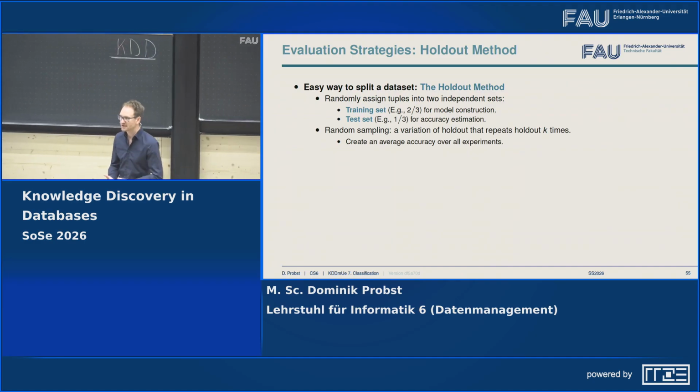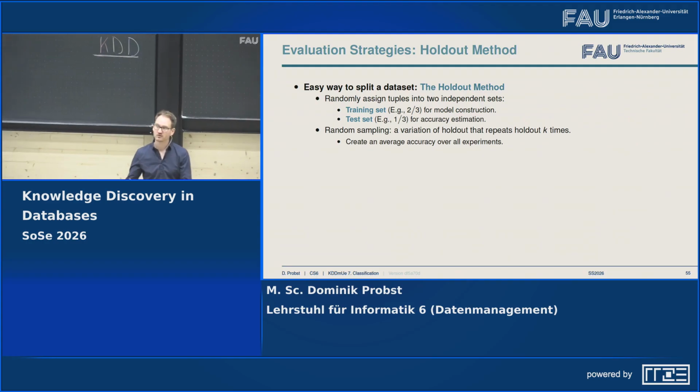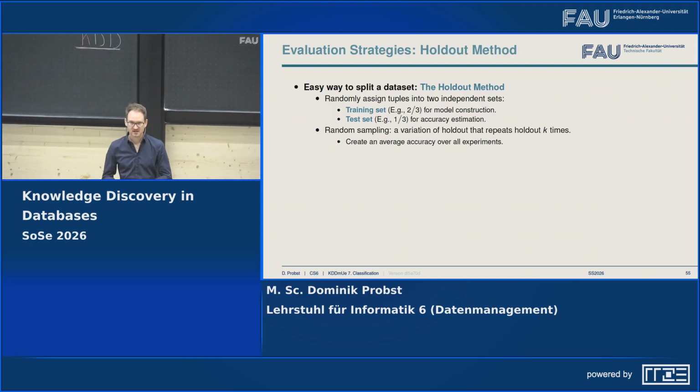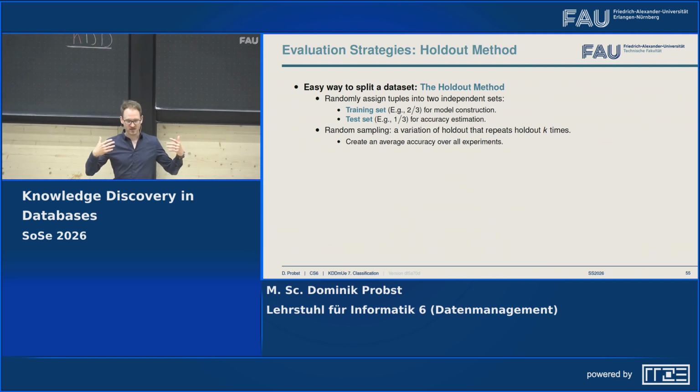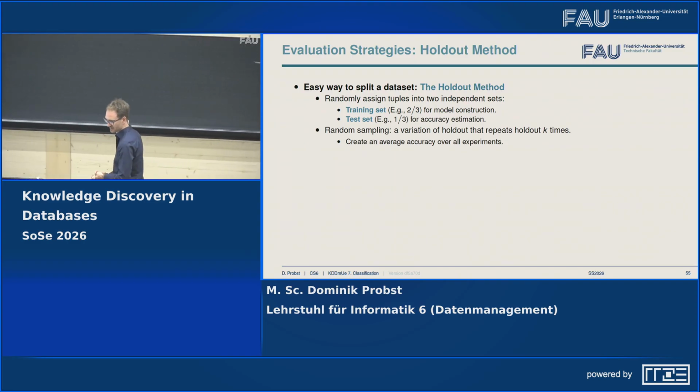And we are simply randomly picking an amount for the training data set and an amount for the test data set. The tuples that are held for the test data set are not used for training. Very important, they are held back, held out, to be used later.